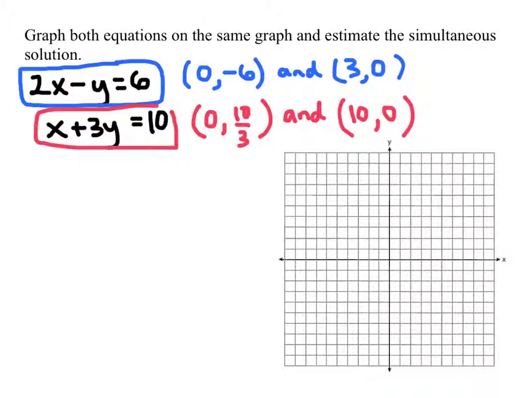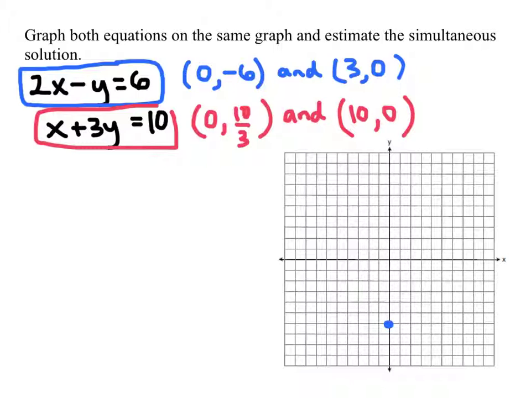So let's plot the intercepts to our first equation on the axes. So 0, negative 6 would start at the origin and we would count 6 units down. So we should get an ordered pair right about here.